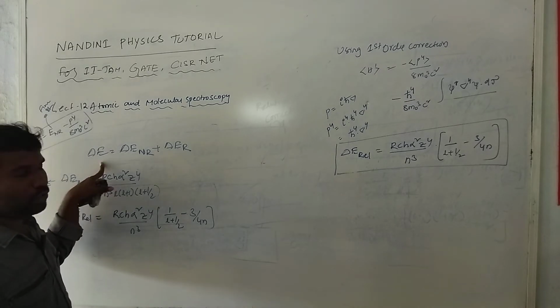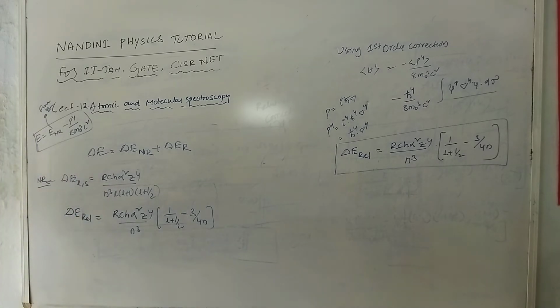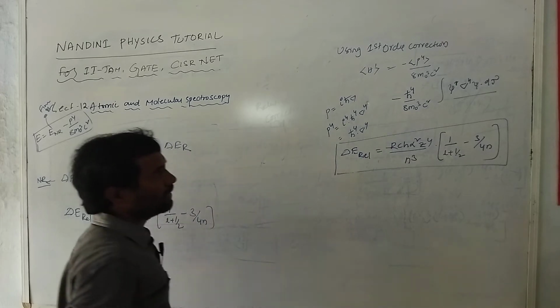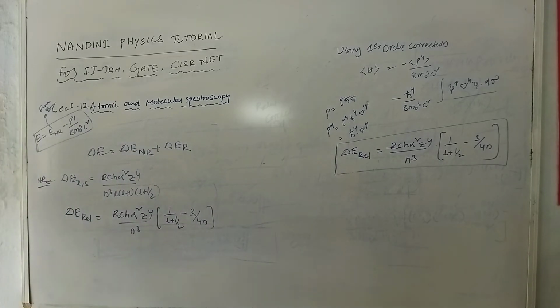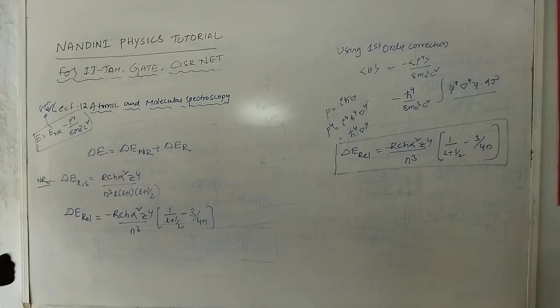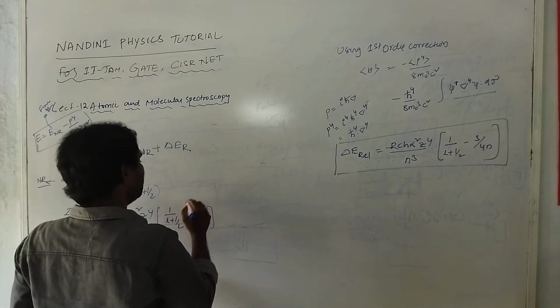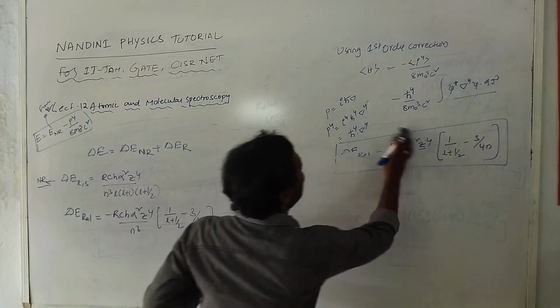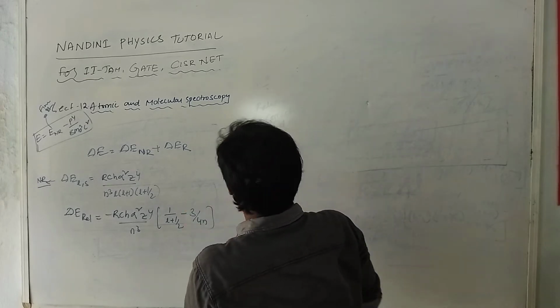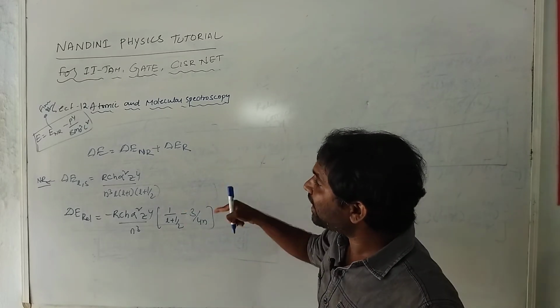So right now I want to substitute both the relativistic and non-relativistic equations. This one is minus, because the momentum is minus h cross, and this is the plus equation. Adding both these equations, you will get the complete correction of energy.